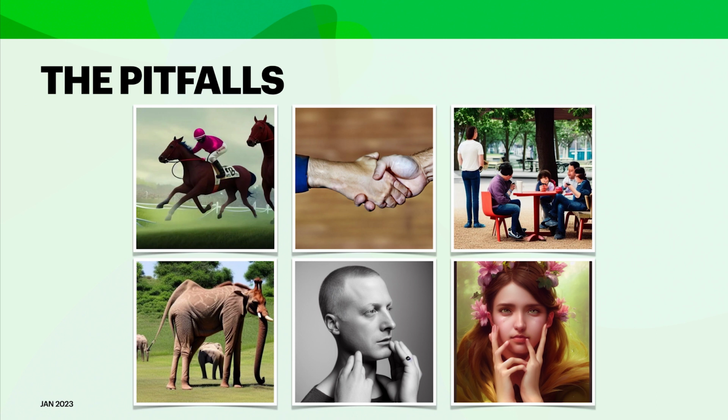In the bottom left-hand corner, you can see we've got a giraffe-elephant combo there. Just because they're uncommon concepts, it doesn't seem to understand, so it just morphs them into a single crazy hybrid animal.